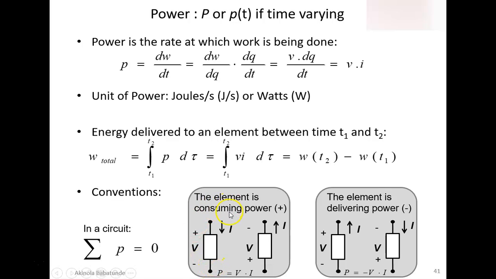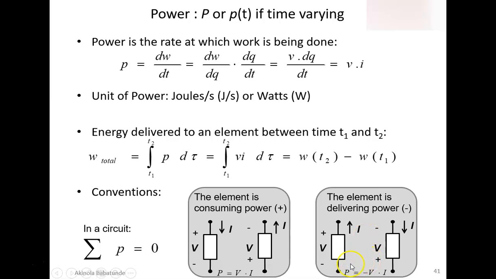So we say the circuit is consuming power, and in this particular case, the convention will be positive. And then when current is moving from the negative terminal to the positive terminal, we say the element is delivering power. In this particular case, the convention will be negative.